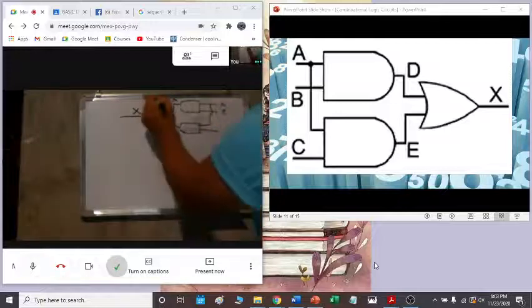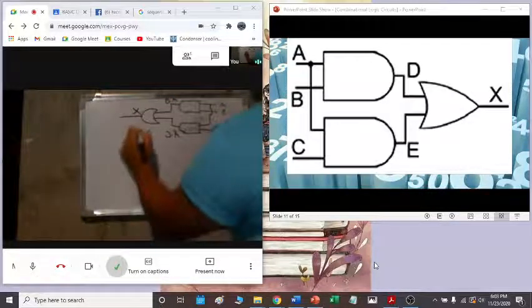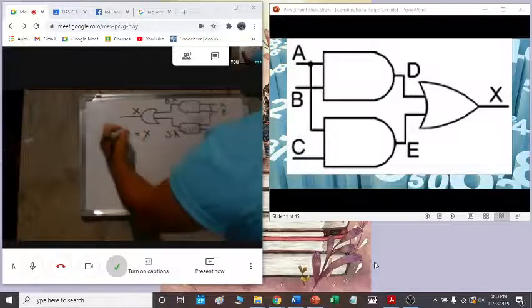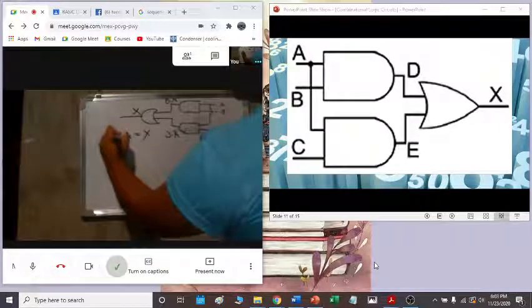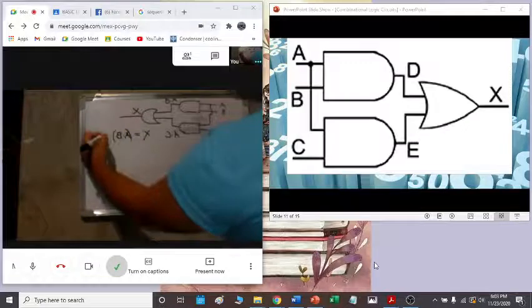So from this, we can derive X is equal to A times B. Since this is an OR gate, it becomes plus.